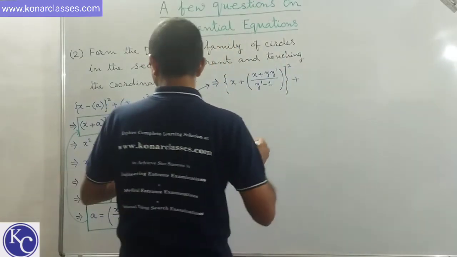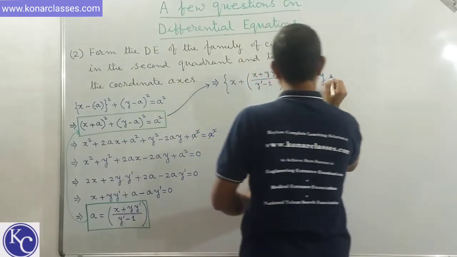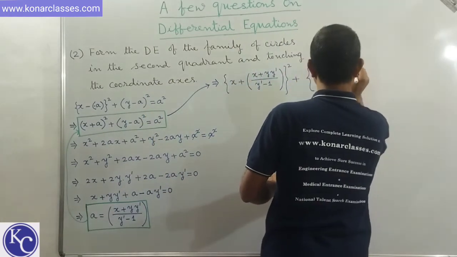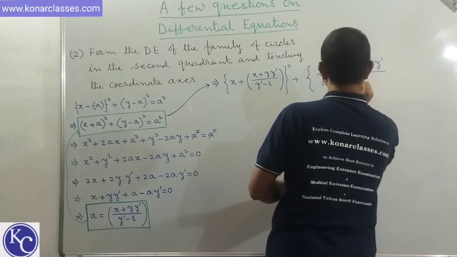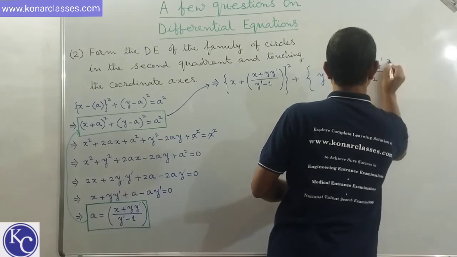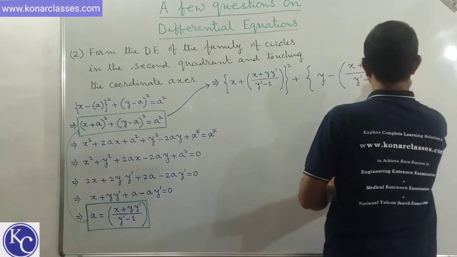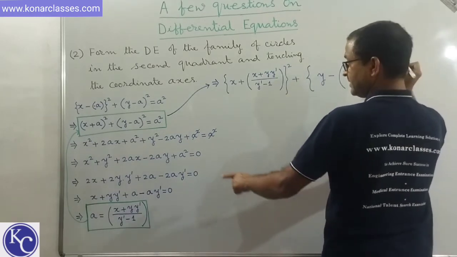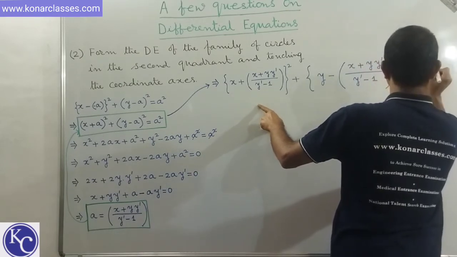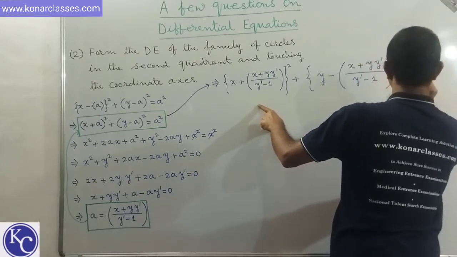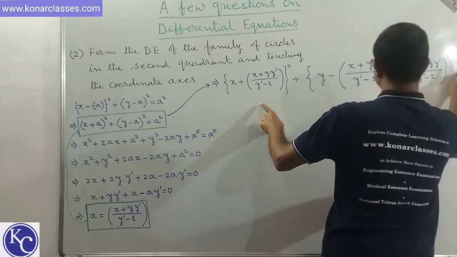Plus (y minus a), that is y minus (x plus y) y dash divided by y dash minus 1, complete whole square, that is equal to a square. A square is what? (x plus y) y dash divided by y dash minus 1 complete whole square.